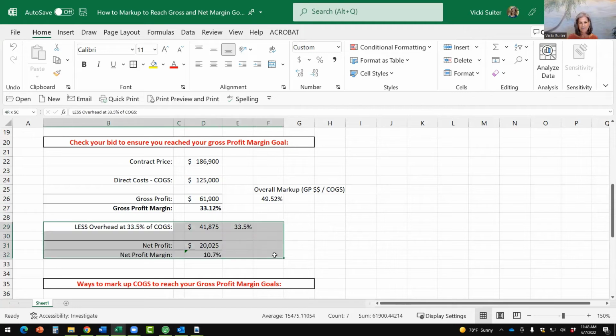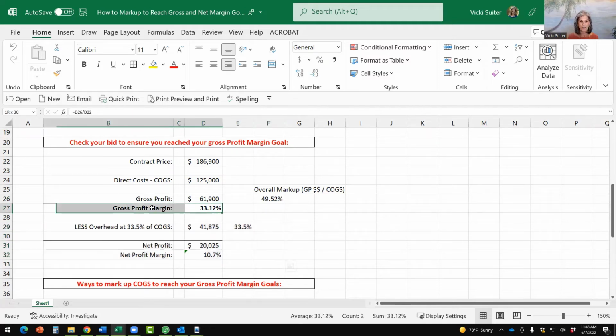Now, I added this information down here really so you can see how the math all works. But the key number to pay attention to is the gross profit margin when you're bidding, before that project goes out to the client for contract signing.